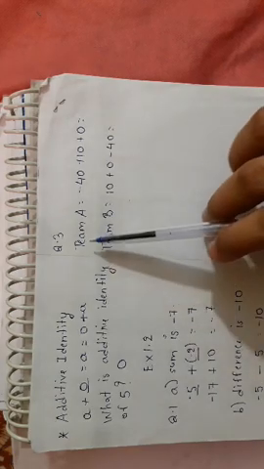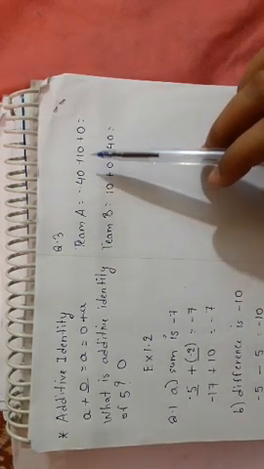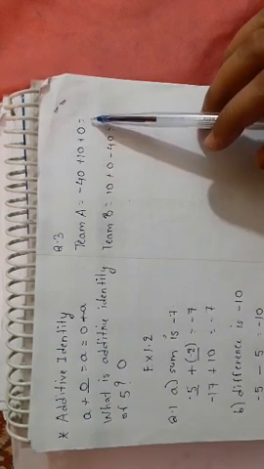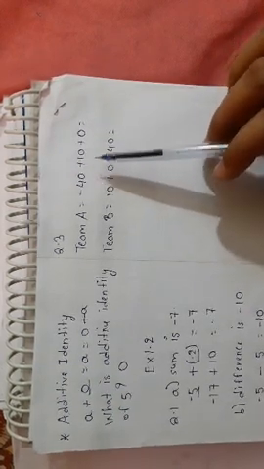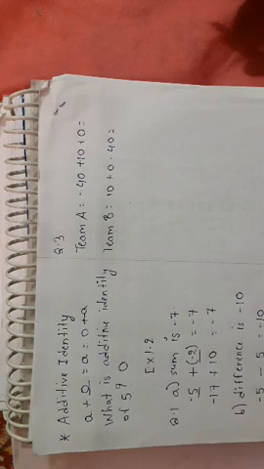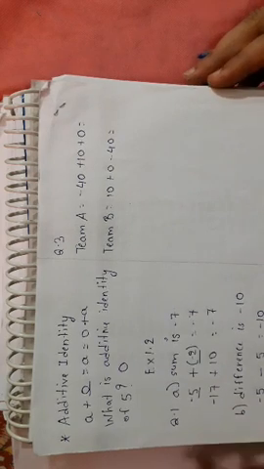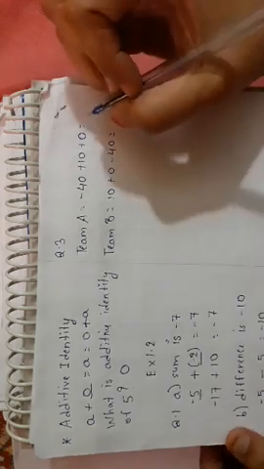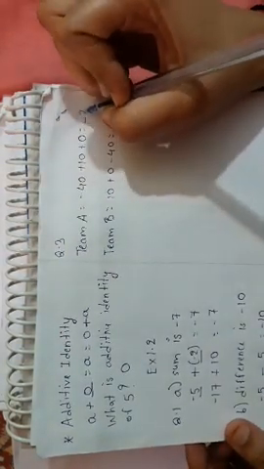So team A is scoring minus 40 plus 10 plus 0. The answer will be minus 40 plus 10 is equal to minus 30, and minus 30 plus 0 is equal to minus 30, that is it will remain as it is. So this will be minus 30.